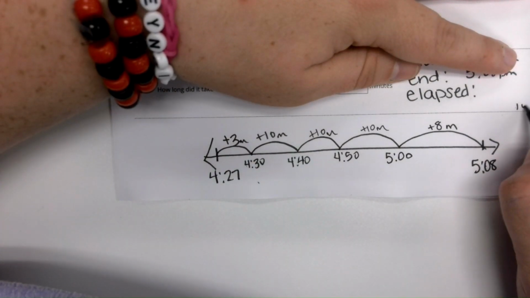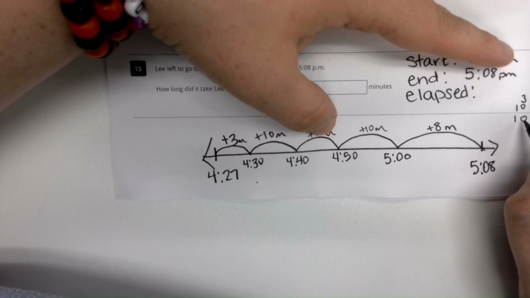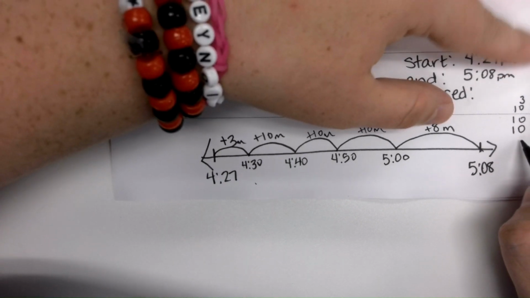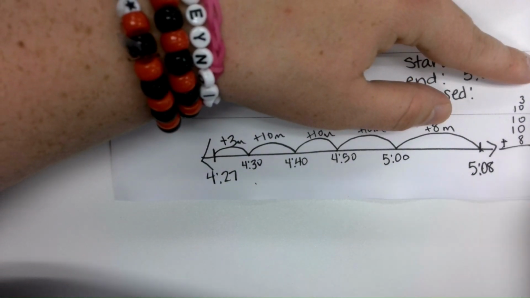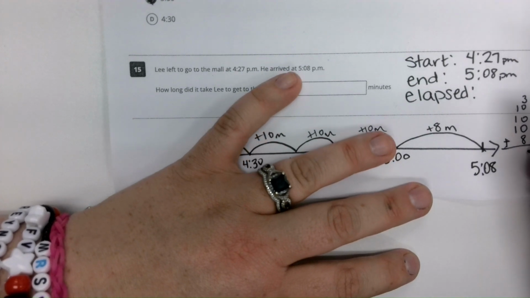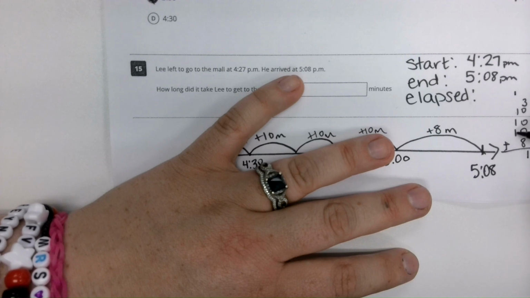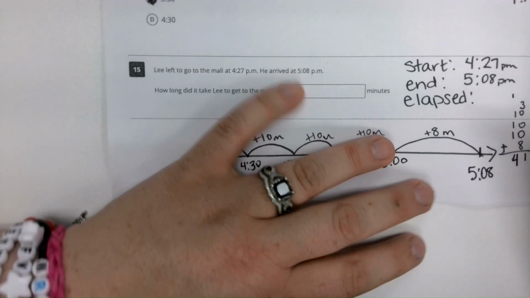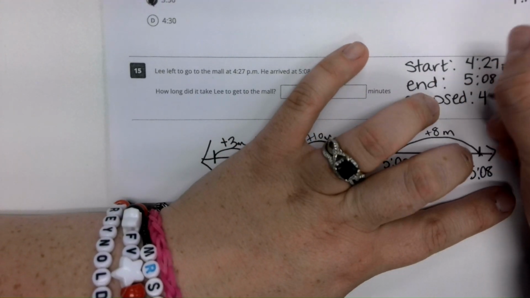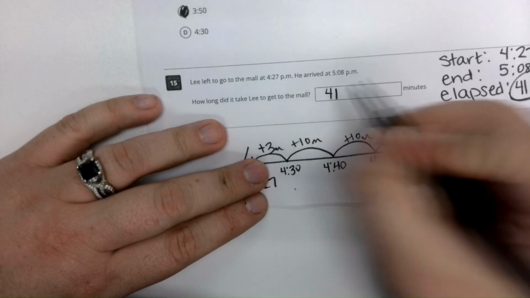So we're going to add 10 plus 10, 3 plus 10 plus 10 plus 10 plus 8. So 3 plus 8 is 11. We write our 1, regroup our 1, and now we can count them 1, 2, 3, 4. So it did take 41 minutes, and that's what they would just need to type in, the 41. Nothing major there.